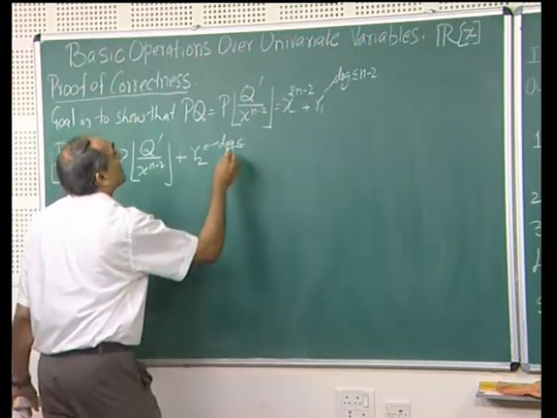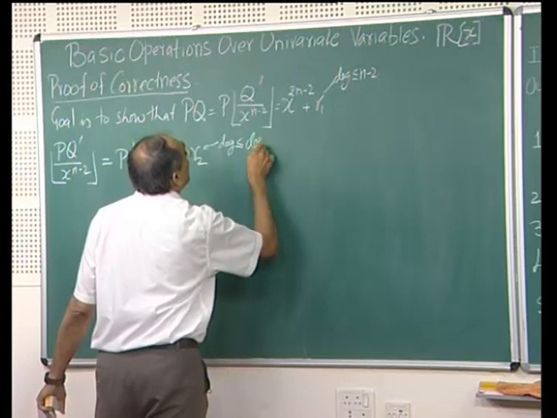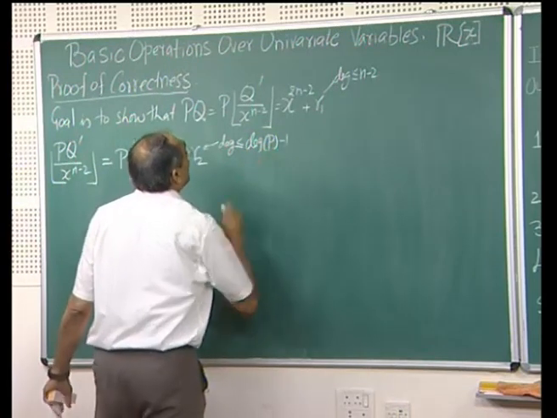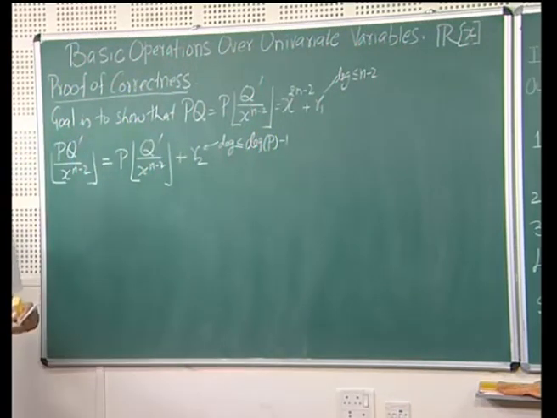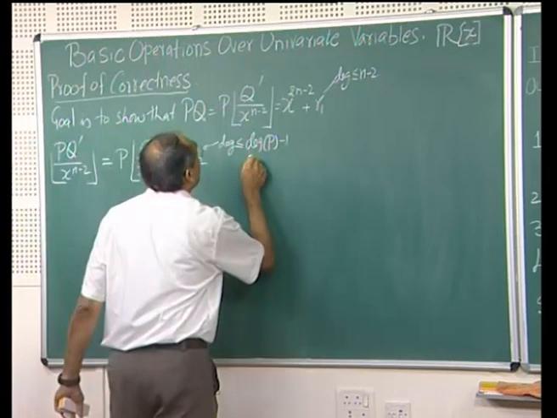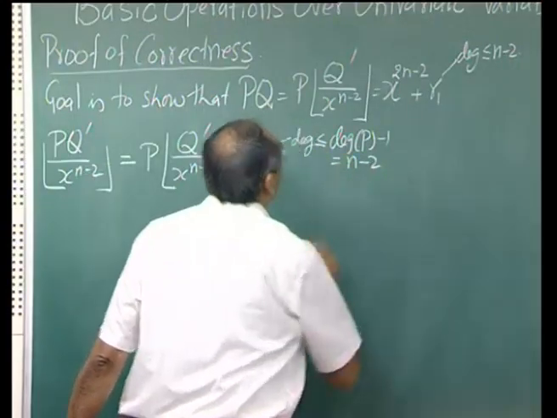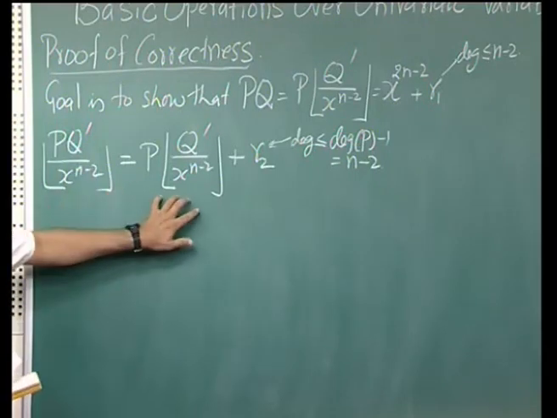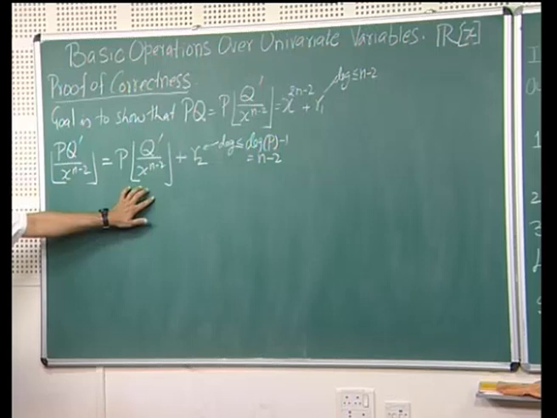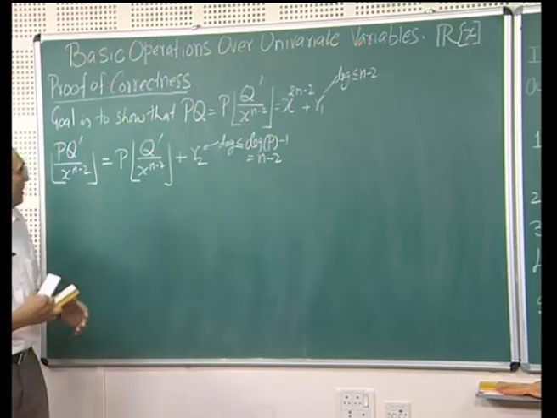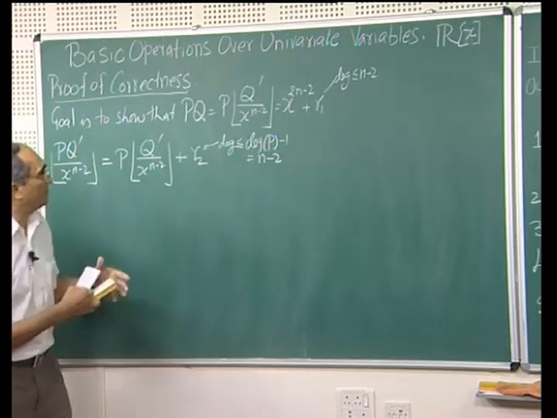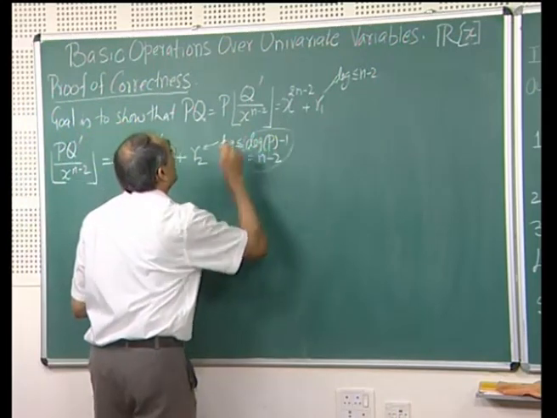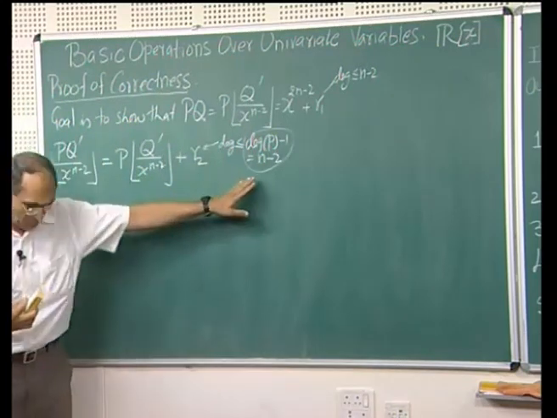Degree of P minus 1, but the degree of P is n minus 1. So, this is nothing but n minus 2. So, what we notice is that these two things differ by a term of degree n minus 2.